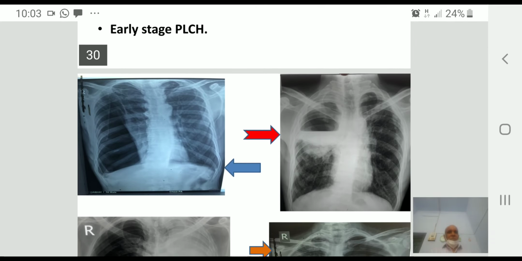X-ray by the red arrow: there is air and fluid both, demarcated by the air fluid level. X-ray with the blue arrow: there is a hyperlucent area with clear cut inner border and no lung markings.